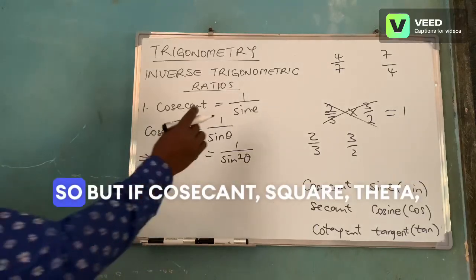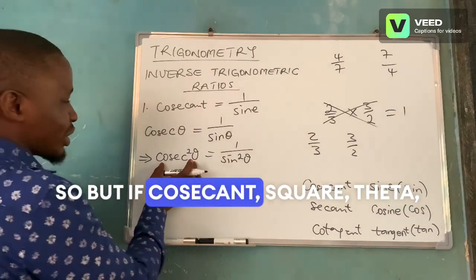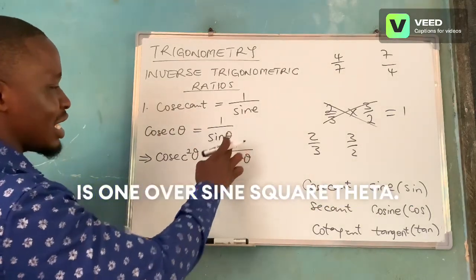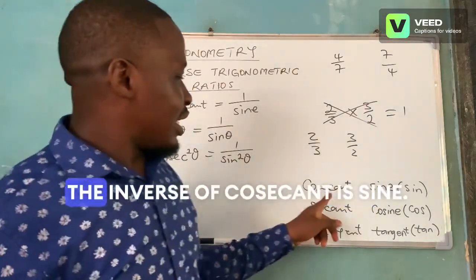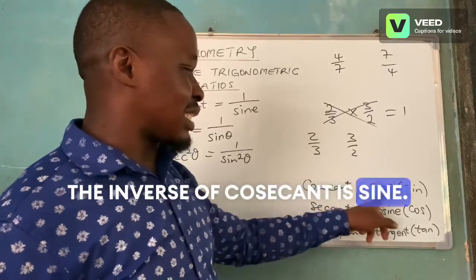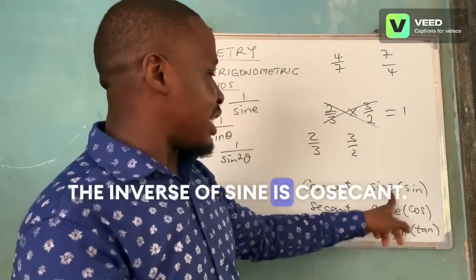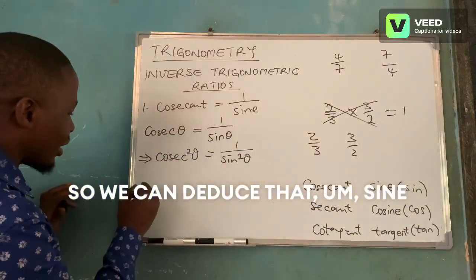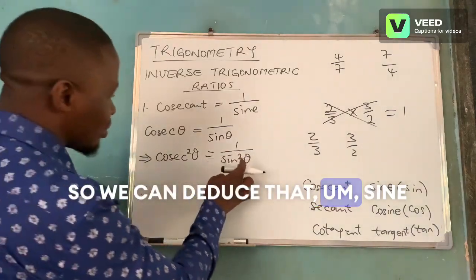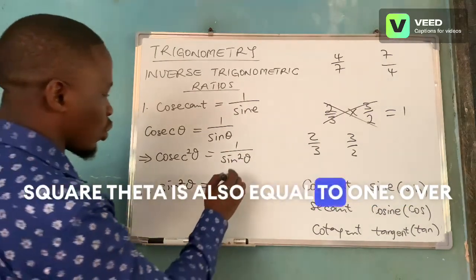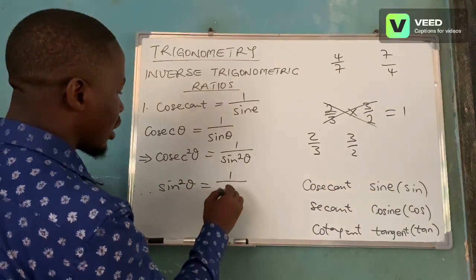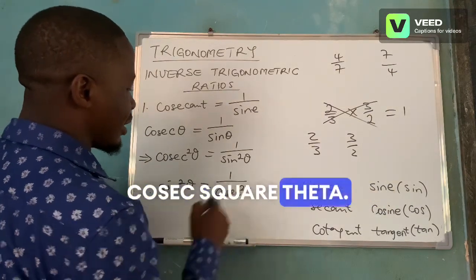Alright, so if cosec square theta is 1 over sine square theta, and we know fully that the inverse of cosecant is sine and the inverse of sine is cosecant, we can deduce that sine square theta is also equal to 1 all over cosec square theta.